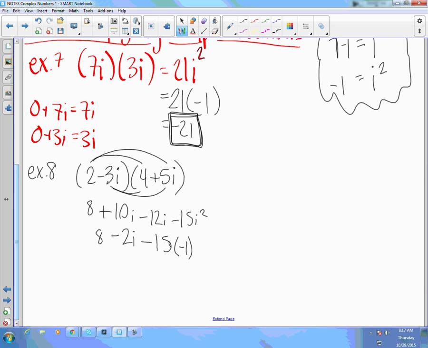Then a negative 15 times a negative 1, is that actually a positive 15? Yeah. So we can stop here, but why do we not stop here? We have 2 real terms now, because the I squared makes that term a real number, so we have like terms again. So what's our final answer?